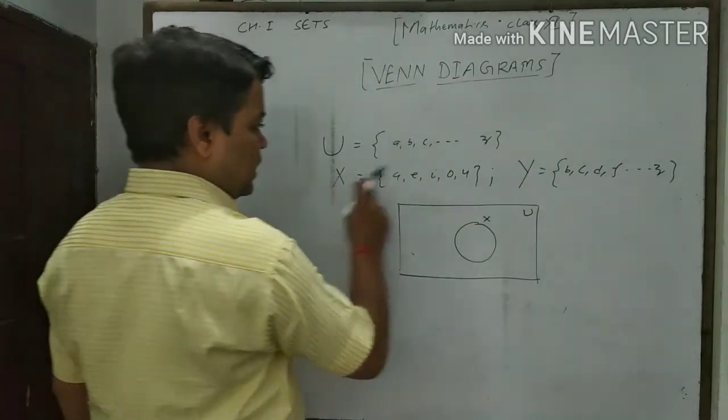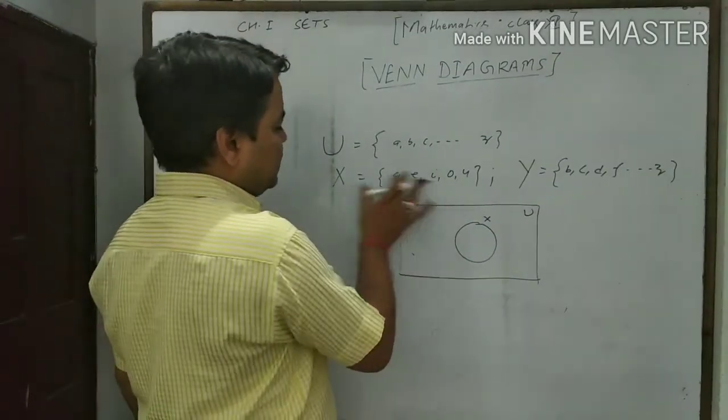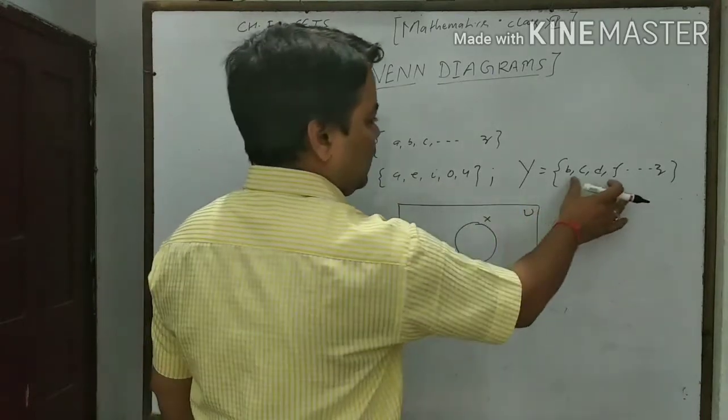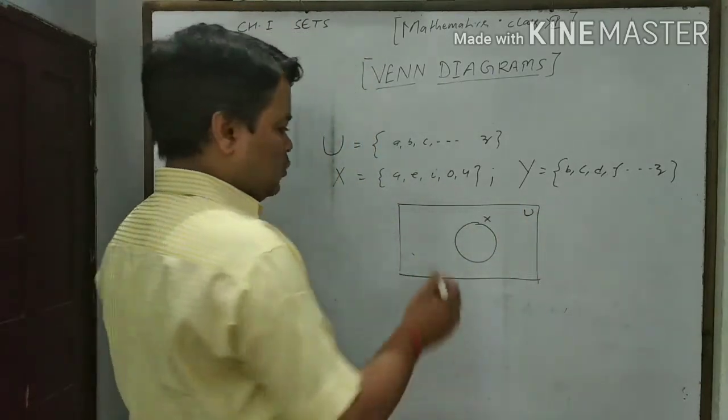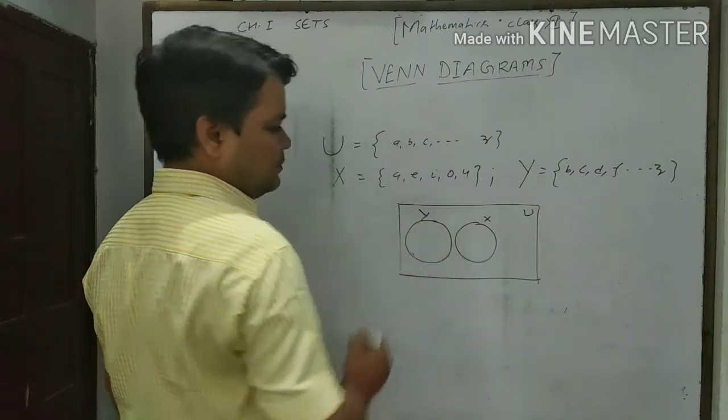But here X and Y are disjoint sets, meaning there is no element common to X and Y. So we write Y here.